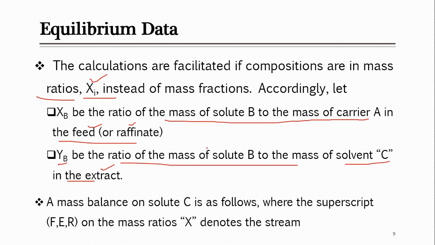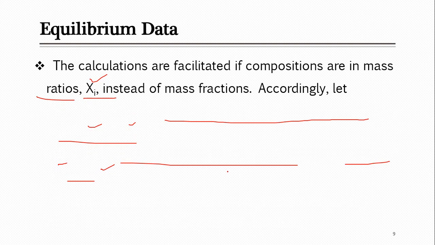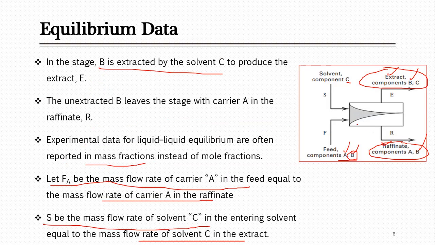So overall, if you apply the mass balance on solute, you can say that the mass of the solute entering the system will be equal to the mass of the solute leaving the system. Simple material balance, because here input will be equal to output. Because we don't have any reaction here, there is no accumulation and no consumption. In that case only input will be equal to output, and the input was only part of this.